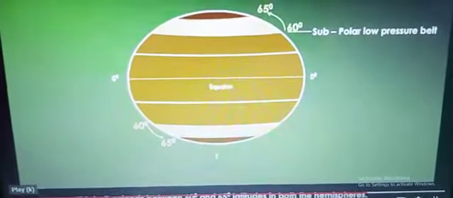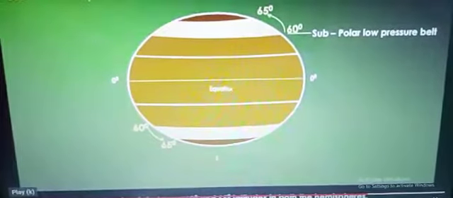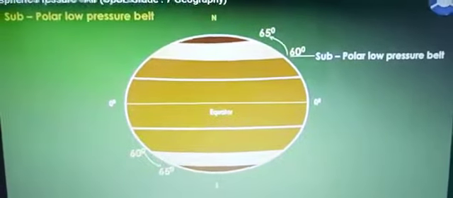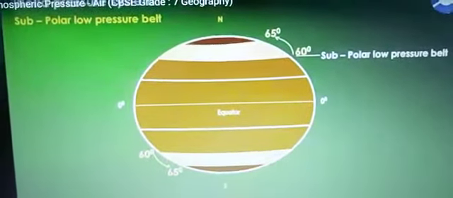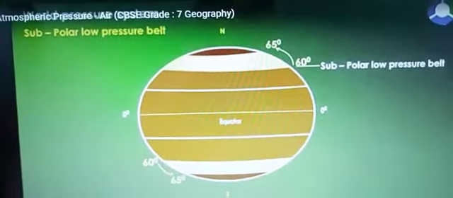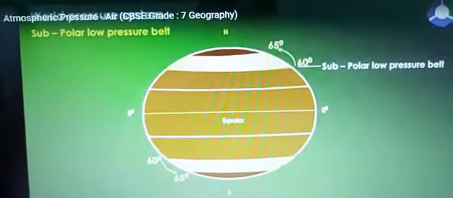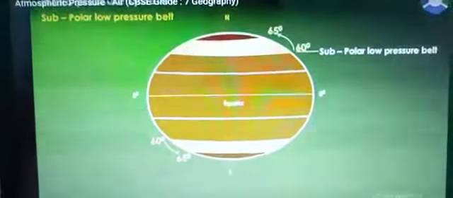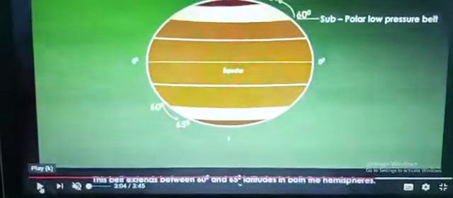Now children, the next pressure belt is the circumpolar low pressure belt. This is also known as the polar low pressure belt. Here it is written in your book as circumpolar, though it is also known as the polar low pressure belt.